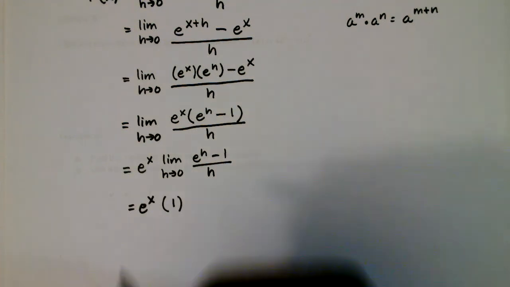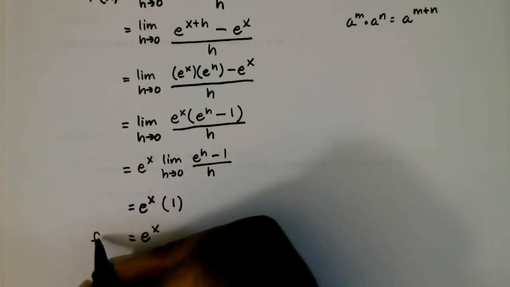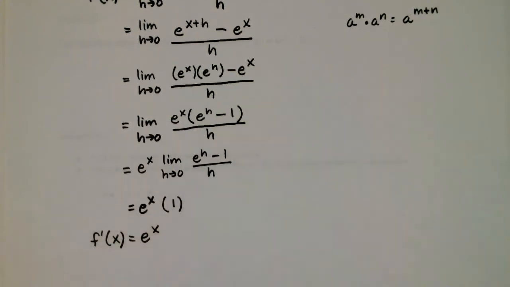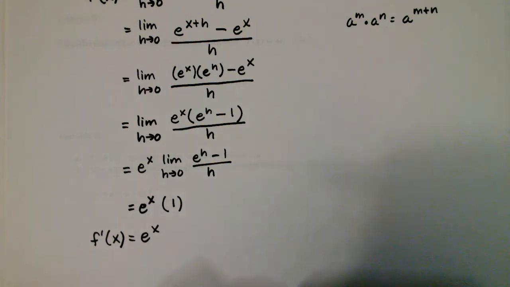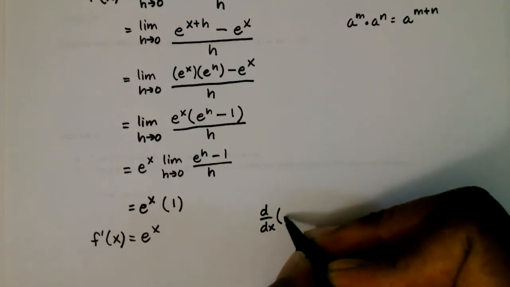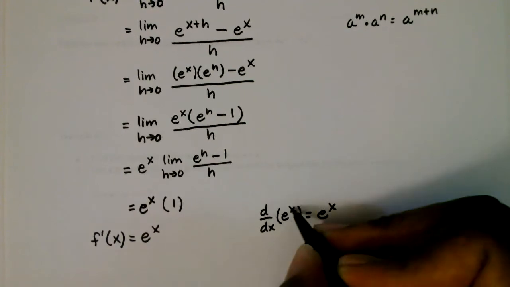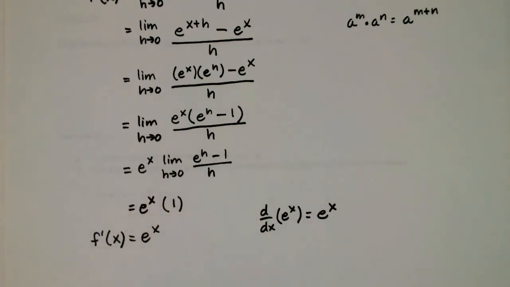And then, of course, 1 times e to the x will be e to the x. So here, f prime of x is equal to e to the x. Or we can say the derivative, I'll just go ahead and write it out: the derivative with respect to x of e to the x equals e to the x. Okay. And that right there is the simplest derivative that can be taken.